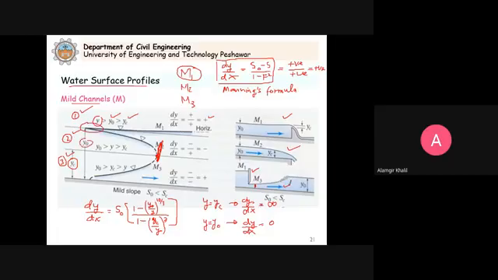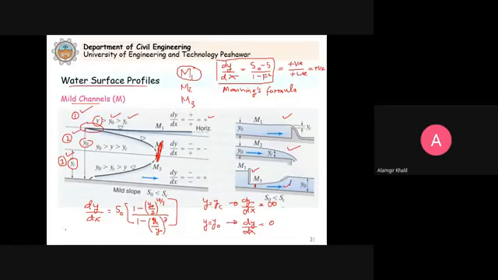Now when y is equal to 0, what will happen? Anything divided by 0 is infinity.